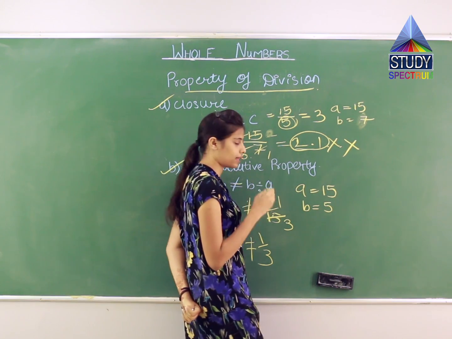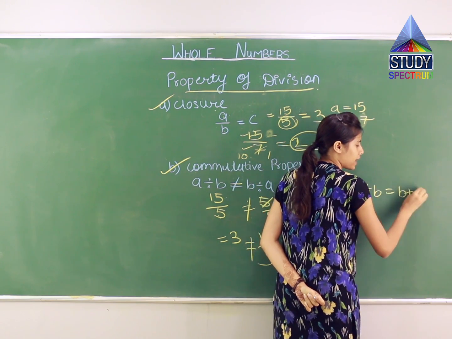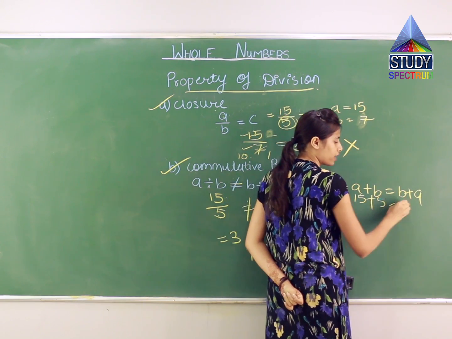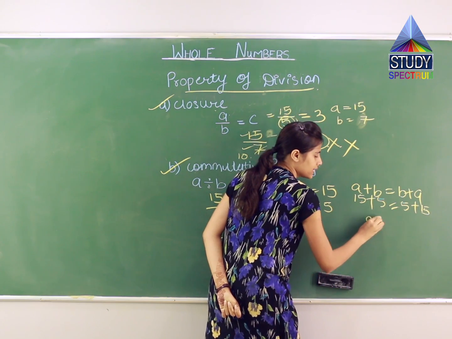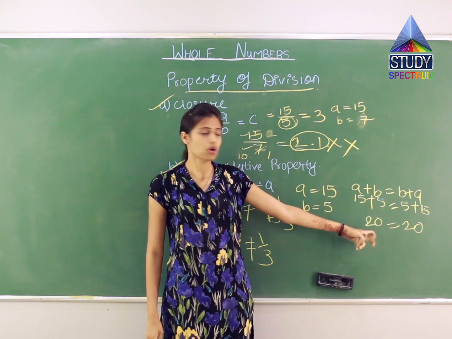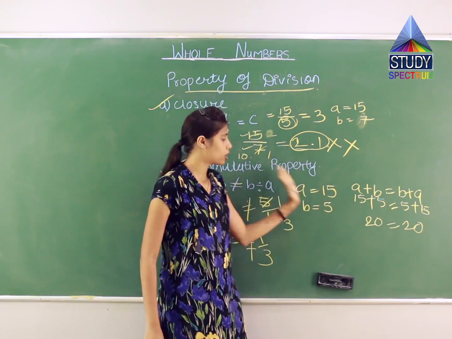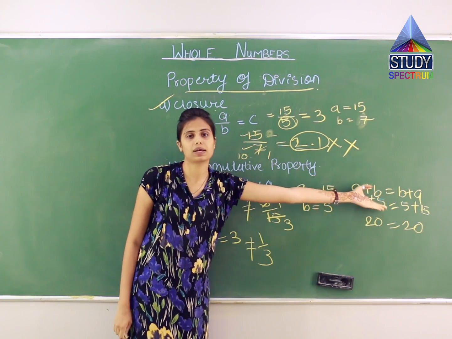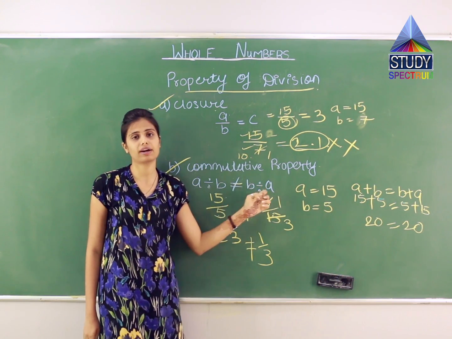Like we saw in addition, a plus b was equal to b plus a. If I write a as 15 plus b as 5, and here 5 plus 15, what will the answer be? 15 plus 5, which is 20, will be equal to 20. Can you see? In addition, when I change their position, the answer stays the same. The position does not matter in the commutative property. Here a plus b was equal to b plus a, but here a divided by b is not equal to b divided by a.